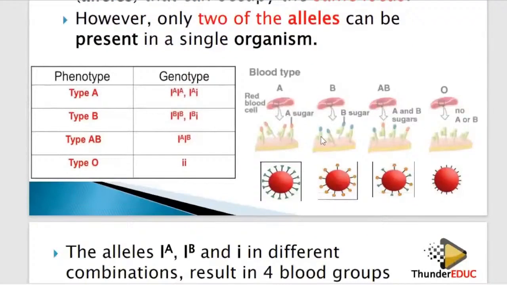So phenotypes, there are 4: 1, 2, 3, 4. You understand? And then the genotypes, there are 1, 2, 3, 4, 5, 6. That's what I say, because there is homozygous and heterozygous for dominant, and then homozygous recessive.